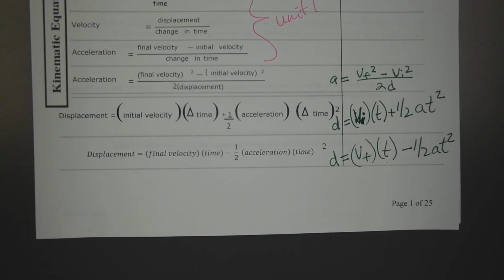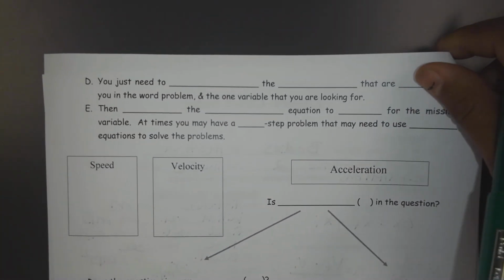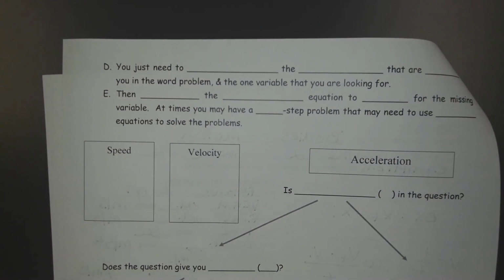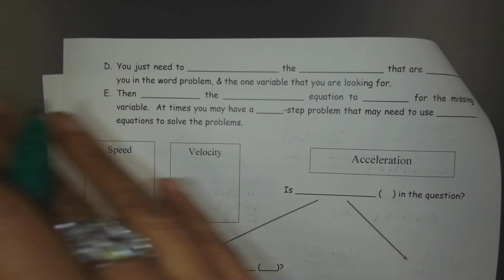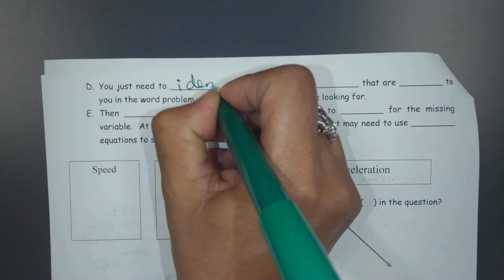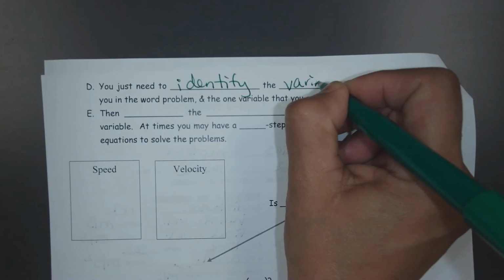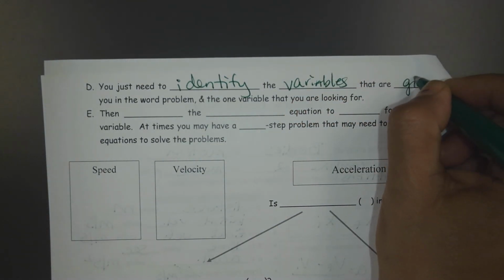This is kind of hard, and this is a lot of information to know, Ms. Munson. So you're telling me that, in my mind, I've got to look at all of these new equations, and number one, I have to identify the variable. Yeah, you got to do that. Identify the variables that are given.